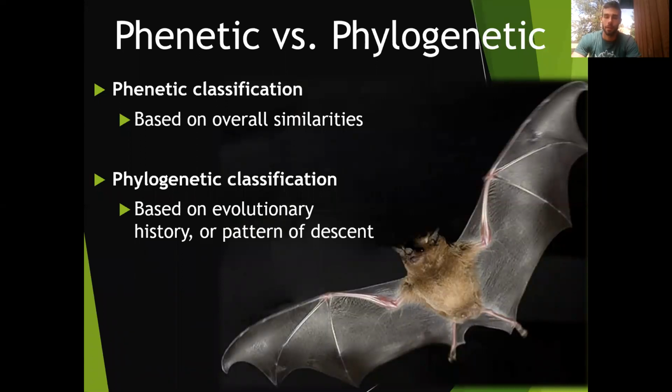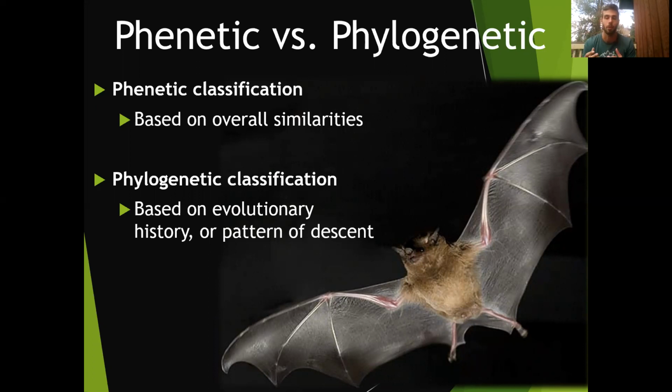For a very long time, there was this discrepancy between phenetics and phylogenetics, and today we're going to combine both of them. Phenetics is just seeing how two organisms have overall similarities with one another, and phylogenetics is looking at their actual evolutionary history.